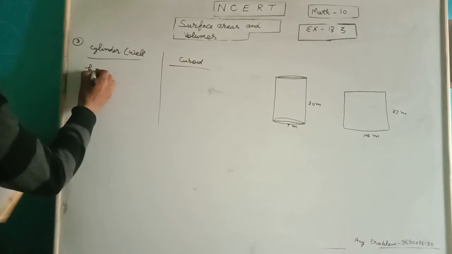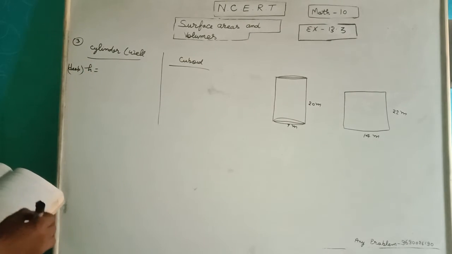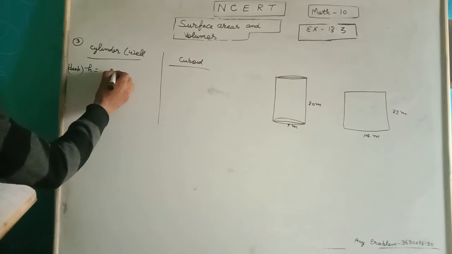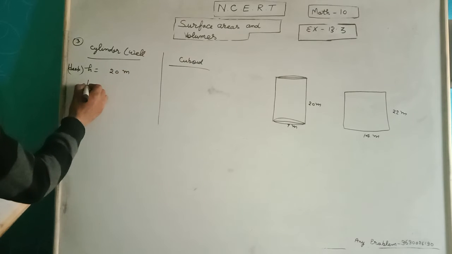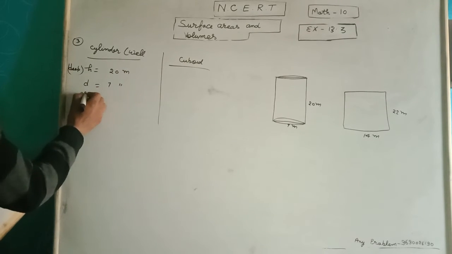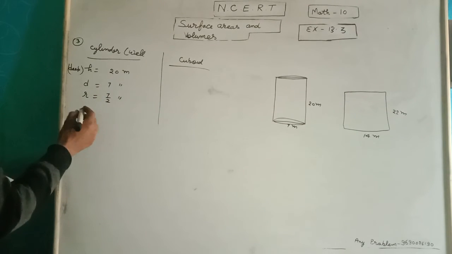H is equal to deep, 20 meters, and diameter of well 7 meters. Then radius will be 7/2 meters.